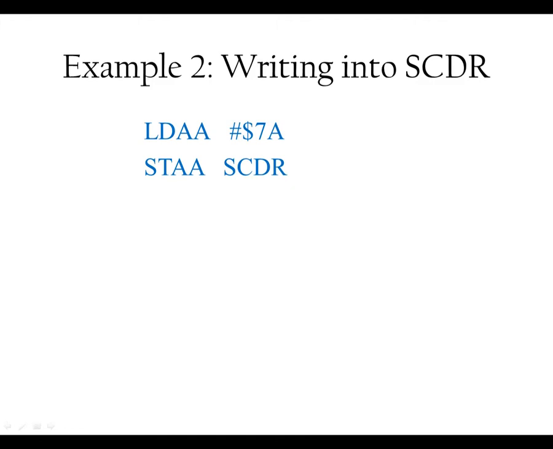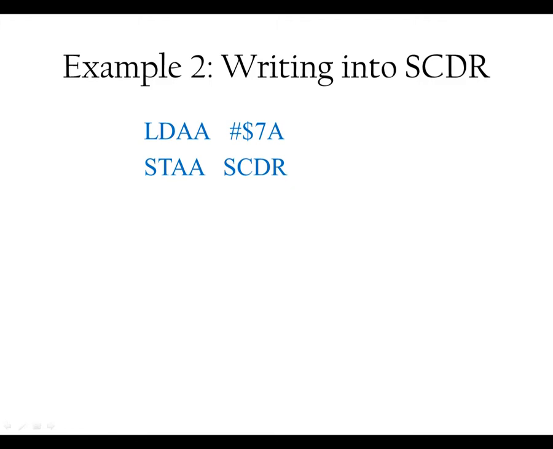In the first line, let's say you are trying to send 7A. You first load the 7A into accumulator A. It doesn't have to be accumulator A, it can be accumulator B as well; I just gave an example with A. Now we load the 7A into accumulator A, and then we store that byte, because at this point accumulator A has 7A, which is already loaded.